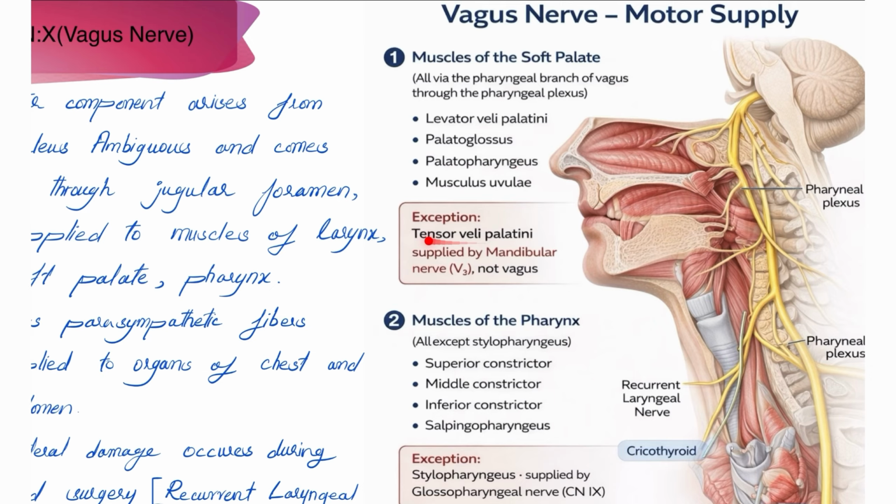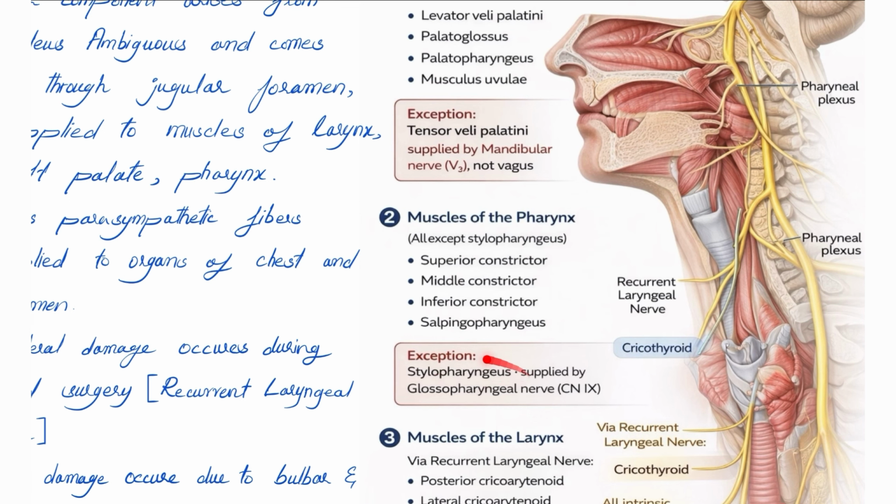However, the tensor veli palatini is supplied by the mandibular branch of the trigeminal nerve, and the muscles of the pharynx include superior constrictor, middle constrictor, inferior constrictor, and salpingopharyngeus. And the stylopharyngeus muscle, we know, is supplied by the glossopharyngeal nerve, which is the ninth cranial nerve.